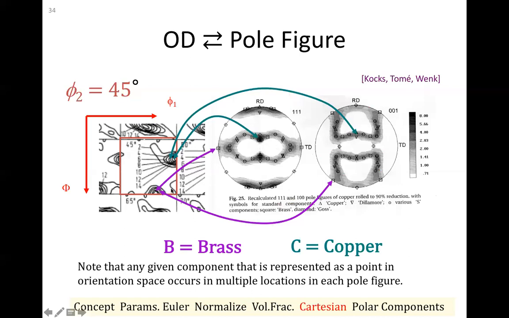This point here corresponds to this and this. So if I only look at one of these pole figures, there's an infinite number of points in my orientation space that correspond to this point on my pole figure. If I specify 2 pole figures, this point and this point, it means I'm specifying the direction of 2 of my 3 orthogonal directions that define my crystal. So that means I reduce it down to 1.